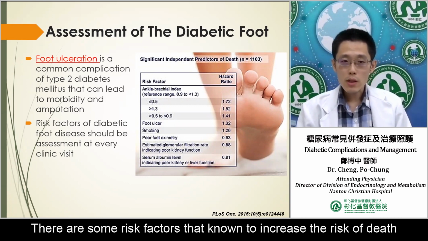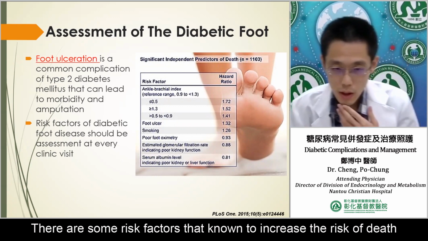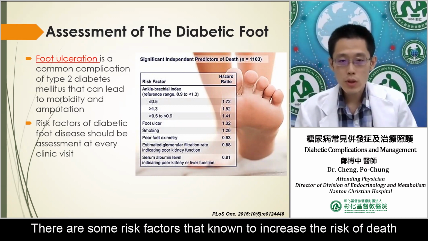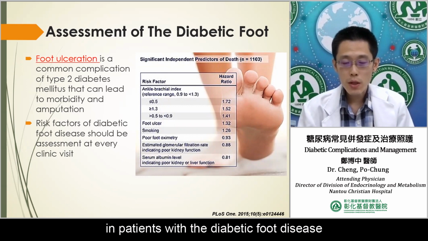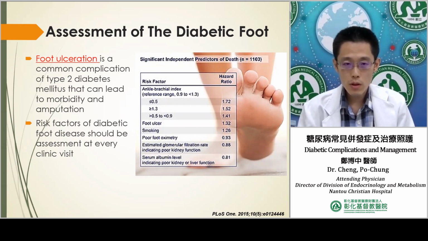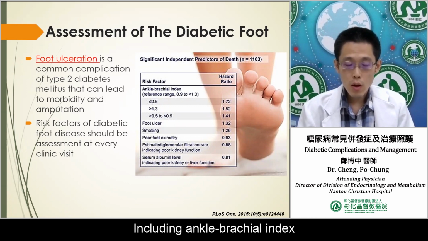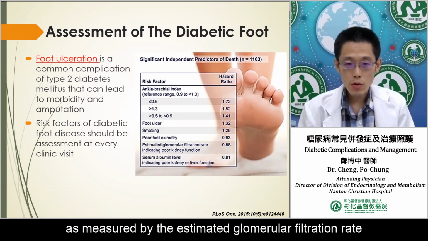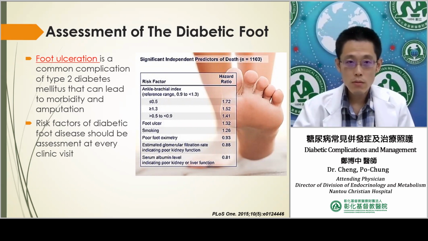There are some risk factors that are known to increase the risk of death in patients with diabetic foot disease, including a low ankle brachial index, coexisting foot ulcer, smoking, or poor kidney function as measured by the estimated glomerular filtration rate.